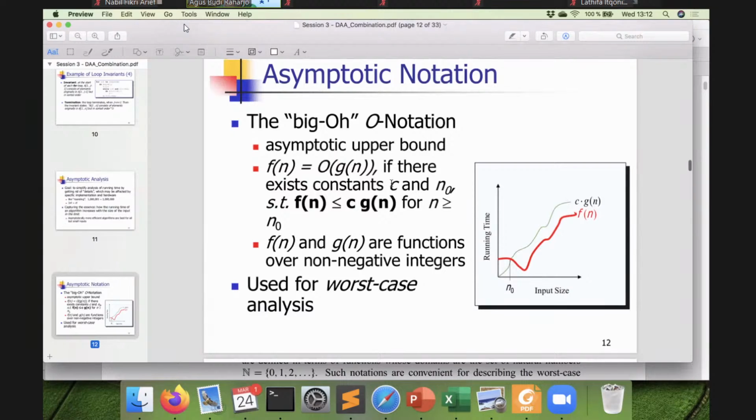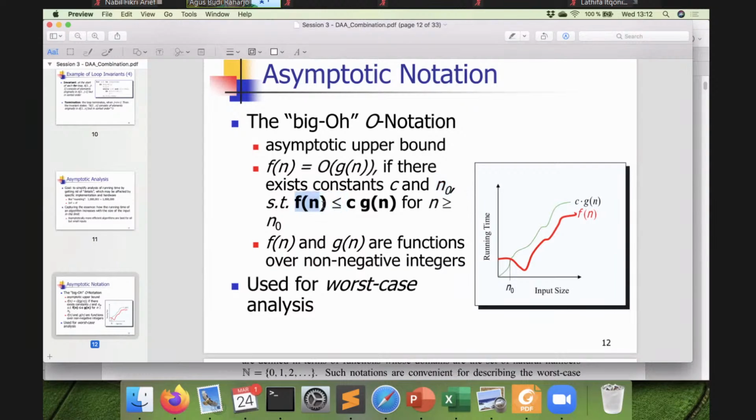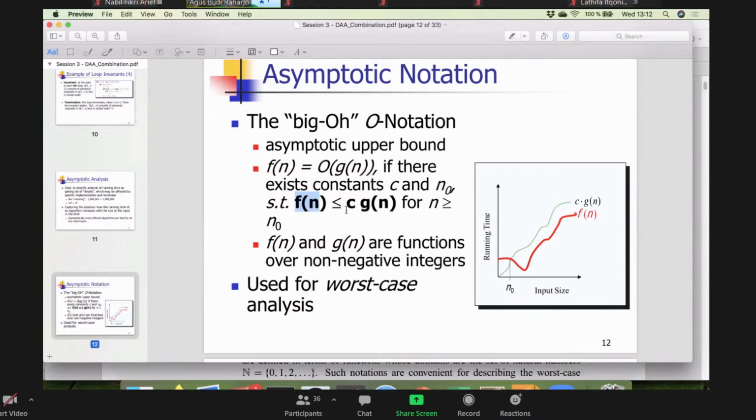What does it mean? f(n) equals big O of g(n) if there exist constants c and n0, the starting point, such that f(n) is less than or equal to c multiplied by g(n).